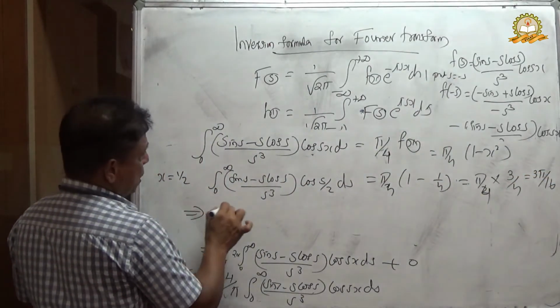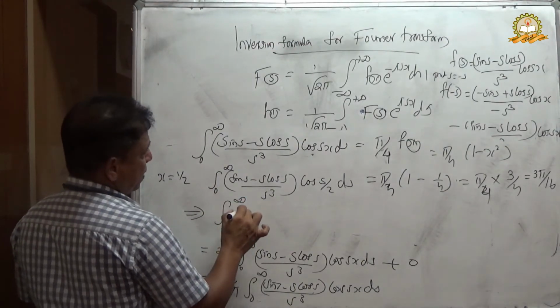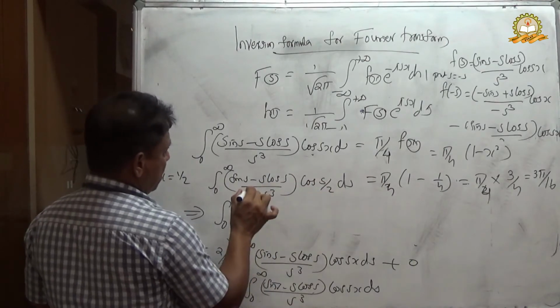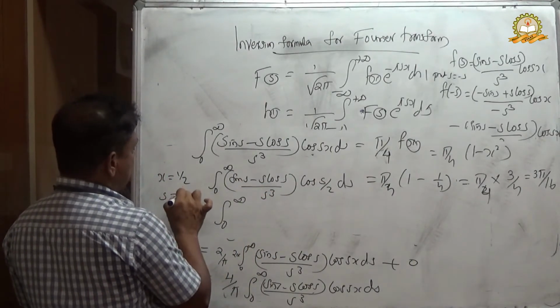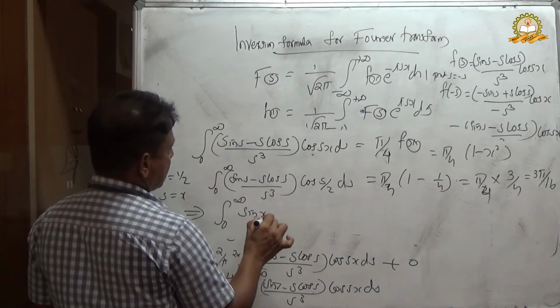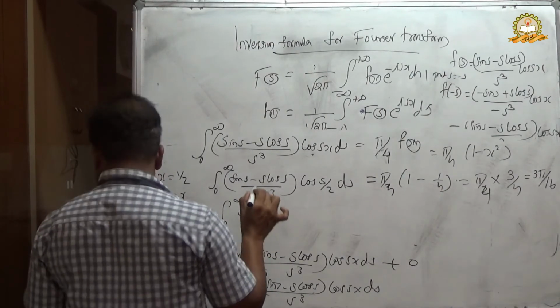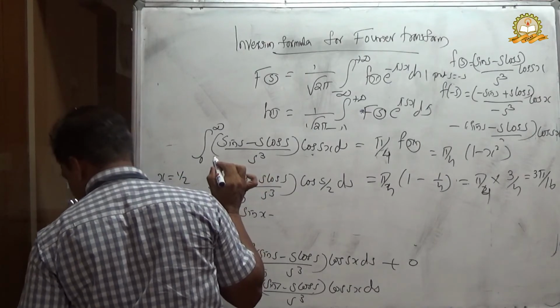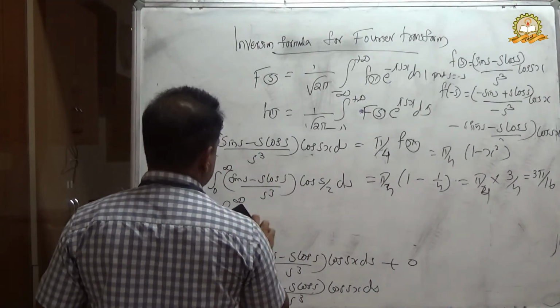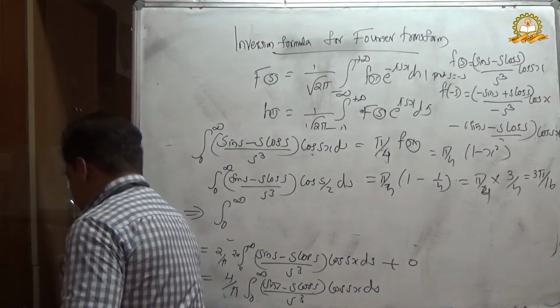That implies 0 to infinity of (sin s minus s cos s) by s cube into cos s by 2 ds. We can replace s is equal to x. Therefore, sin x minus... the final answer. Here our answer is in terms of omega.